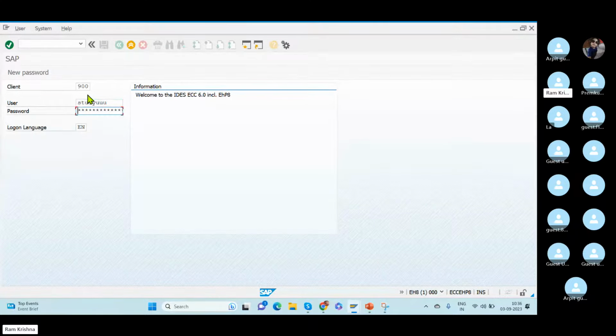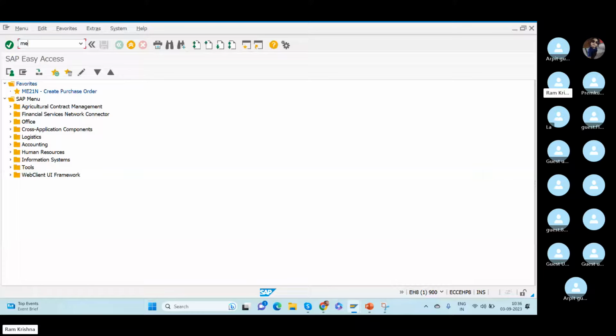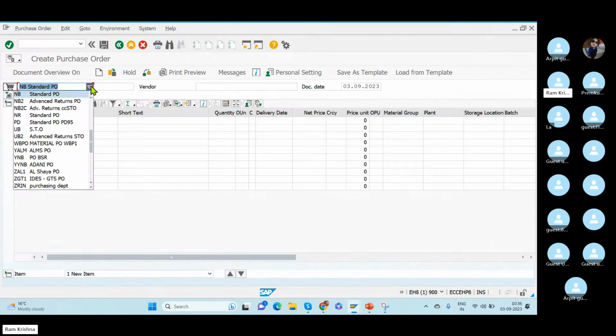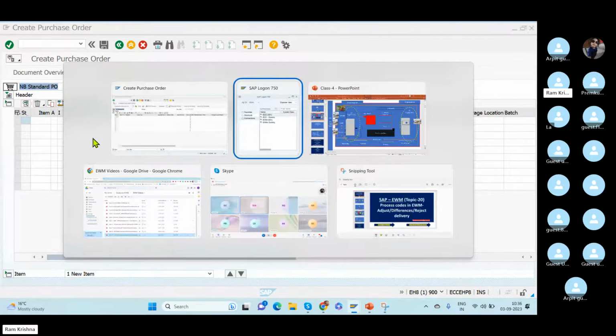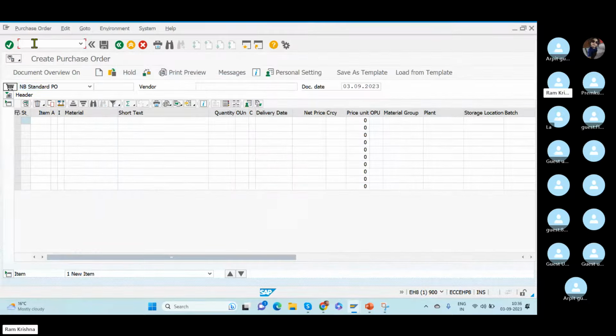When you create a purchase order, what do you normally select? They will select standard PO, STO, like that. So based on that, these document types will be changing, right? What document types?